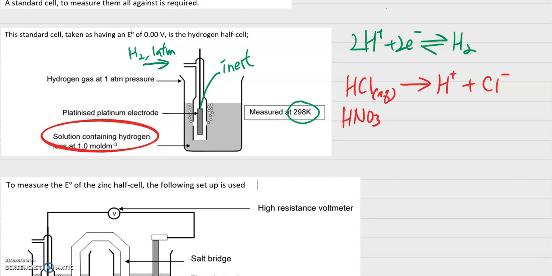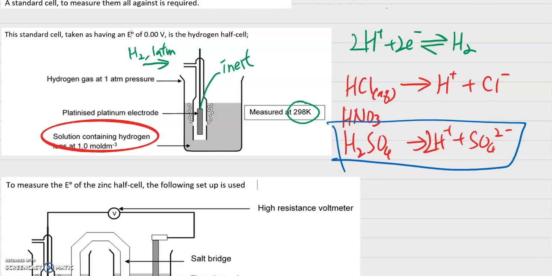But how about sulfuric acid? Can we use 0.5 molar of sulfuric acid to dissociate enough hydrogen ion to measure the standard electrode? For this case, no. Sulfuric acid is a dibasic acid.